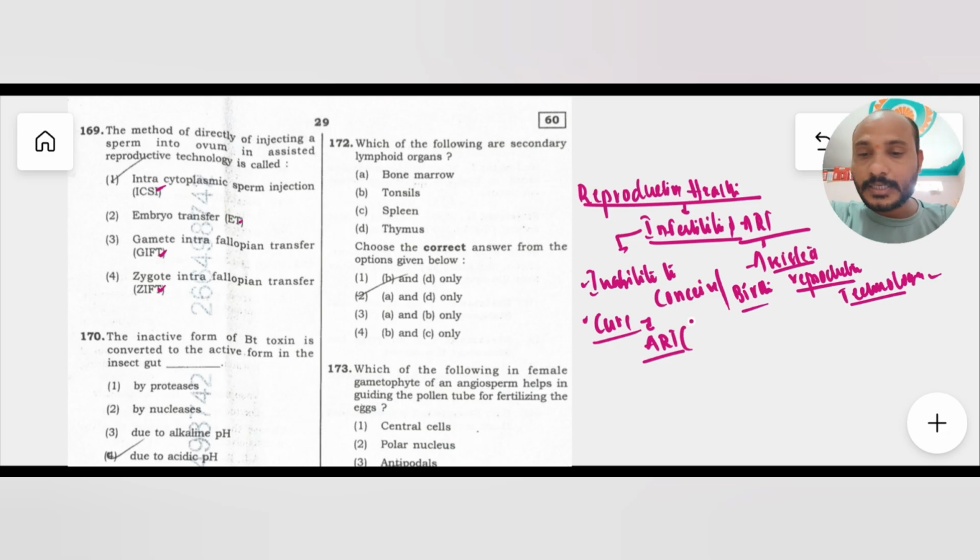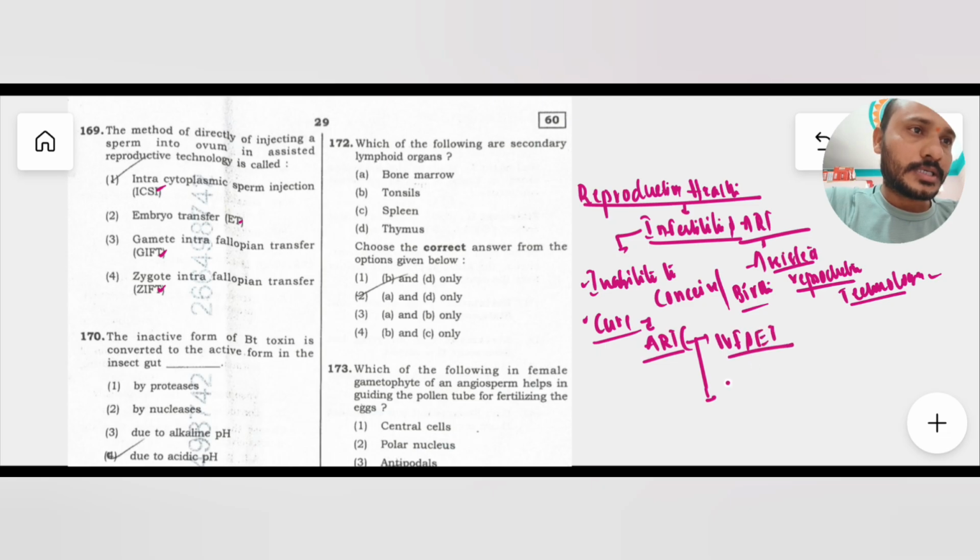So in ART we have different types, which we will discuss. Based on where fertilization takes place, whether within the female body or outside of the female body: if fertilization occurs outside of the female body, it is said to be IVF, in vitro fertilization and embryo transfer.